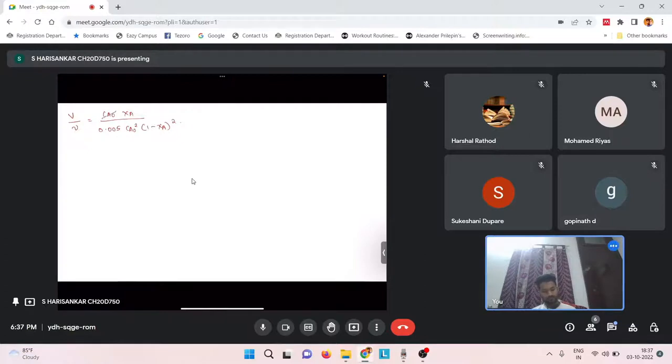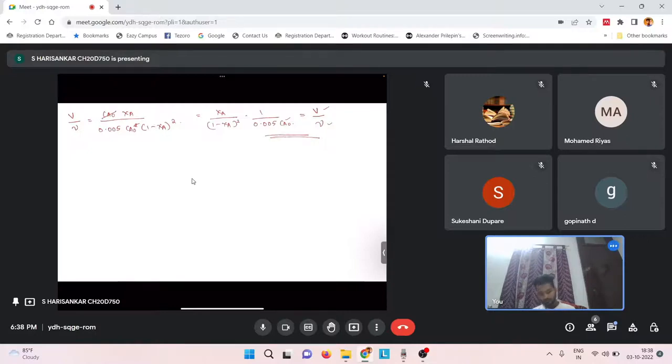Once Ca0 and Ca0 get cancelled, we get Xa by 1 minus Xa the whole square into 1 by 0.005 Ca0, which is equal to V by nu. Here we have the value for V, nu, and Ca0. All we have to do is substitute these values and we'll get a quadratic equation in terms of Xa.